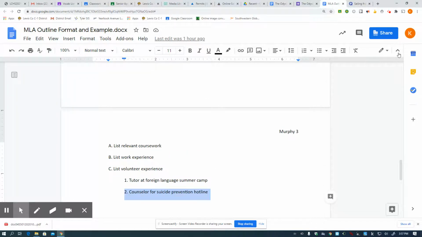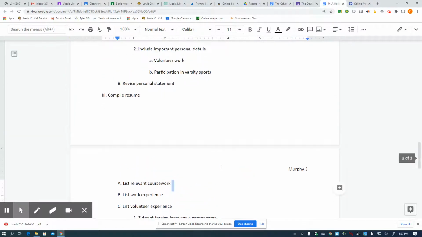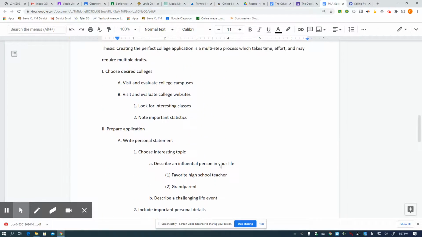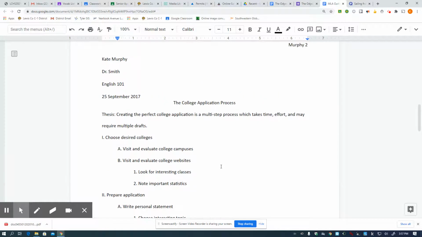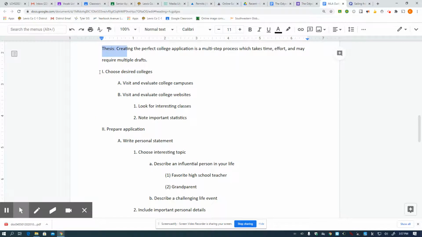Okay, so as you can see here, this is a very complete outline practicing MLA format. We have our header, heading information. We have our title. We have our thesis. And then everything right here. This is the format you will use.